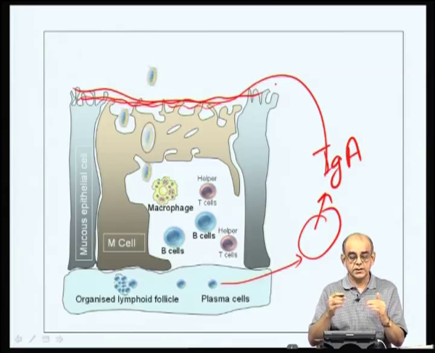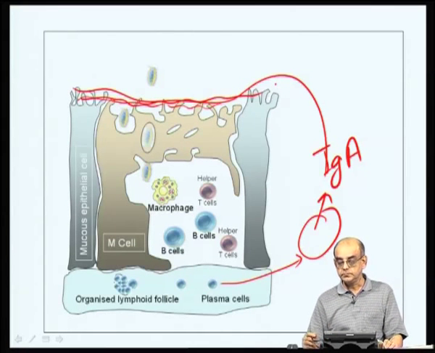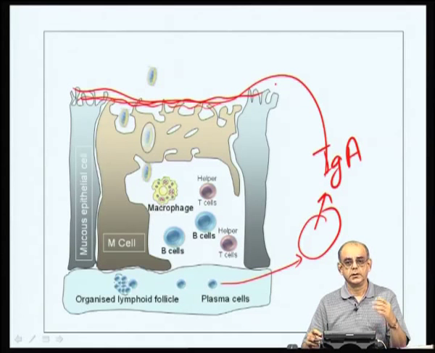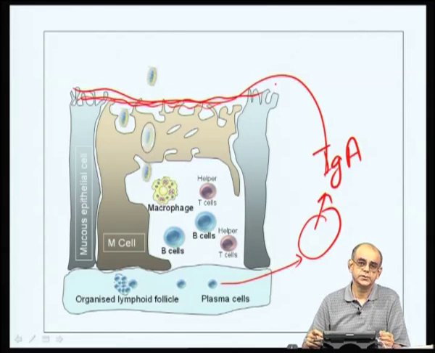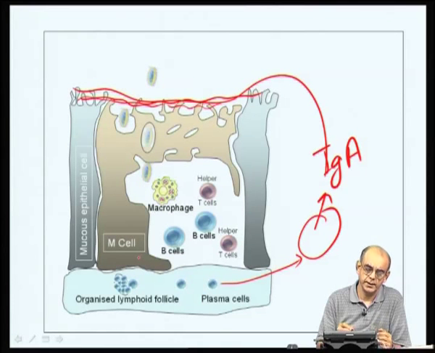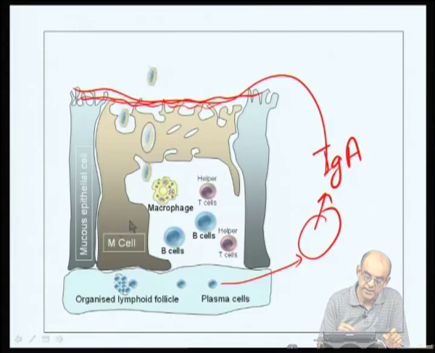So, in this class, to summarize, we have gone through the structure of the secondary lymphoid tissue such as the lymph node and the MALT, or the mucosal associated lymphoid tissue, which has a different type of organization in that it contains the M cell.